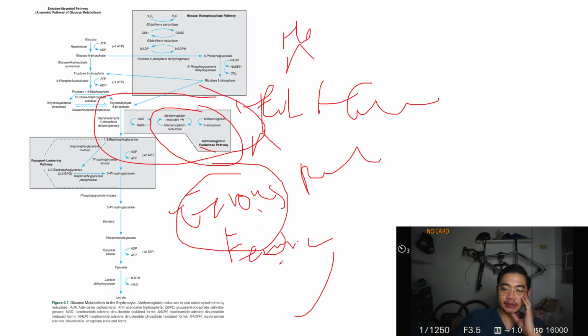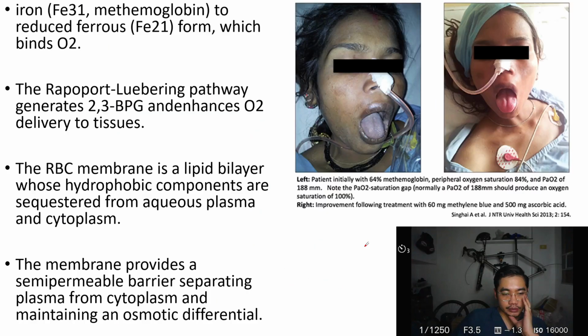What will happen is your hemoglobin becomes inefficient in binding with oxygen. So you will have bouts of hypoxia. So this one, the iron is Fe3, not Fe2. Fe3 methemoglobin is reduced to ferrous.